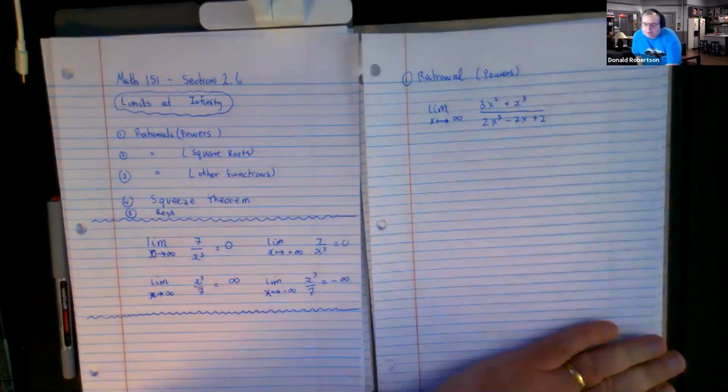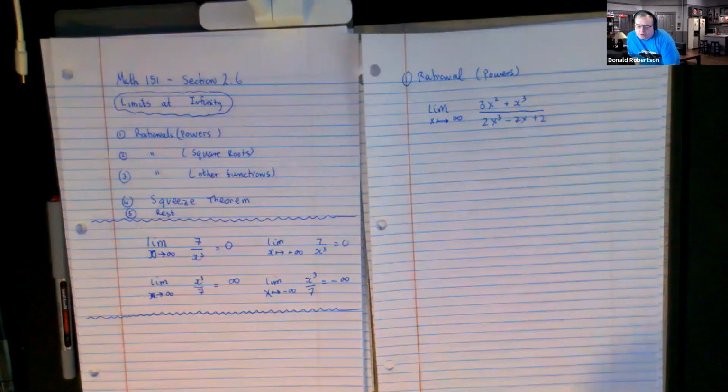So suppose I was being asked to find the limit as x tends to infinity of 3x squared plus x cubed over something, and I'm deliberately mucking about with them a little bit. So basically, if you have a polynomial on the top and a polynomial on the bottom, you're going to solve the limit as x tends to infinity in the following way.